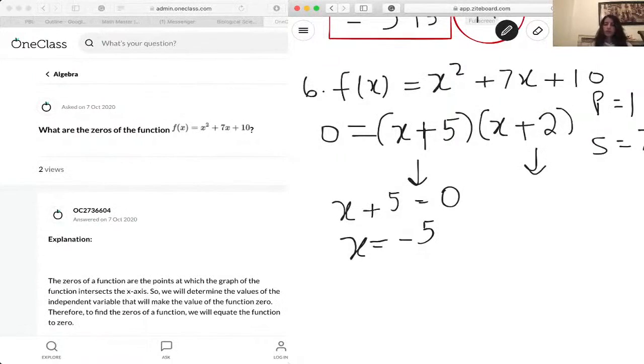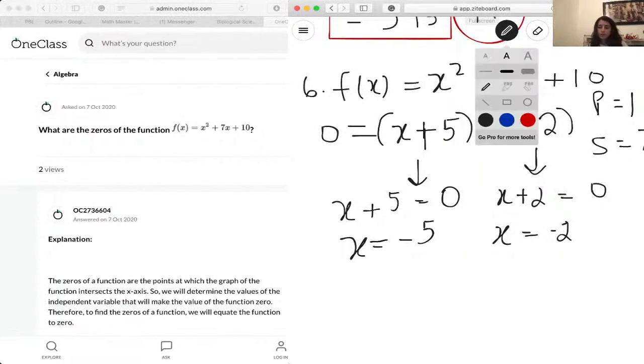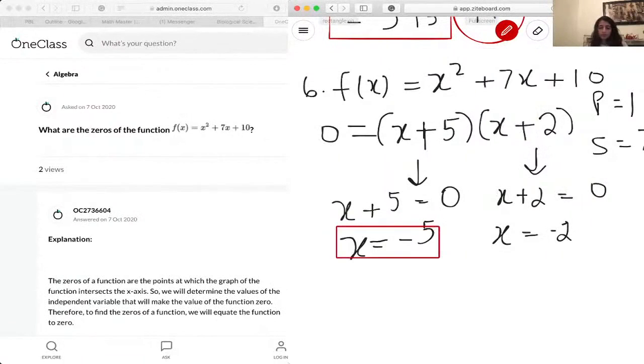And this one right here, x plus 2 is equal to 0, which means x is equal to negative 2. So those are our two x coordinates, or zeros, of the function.